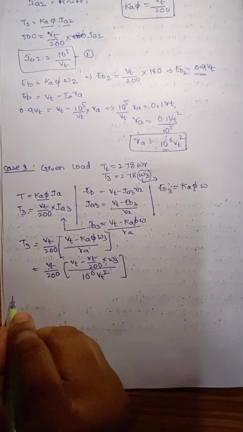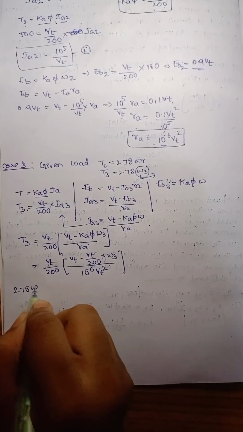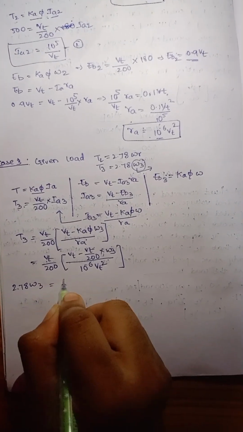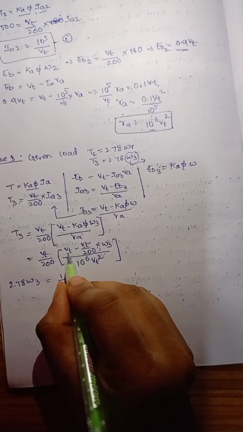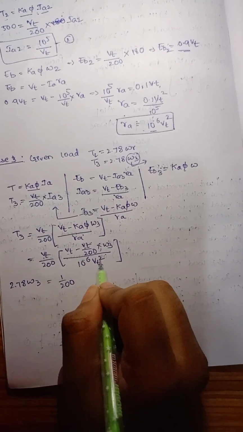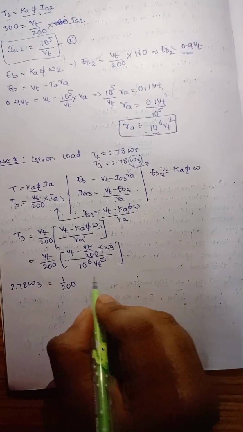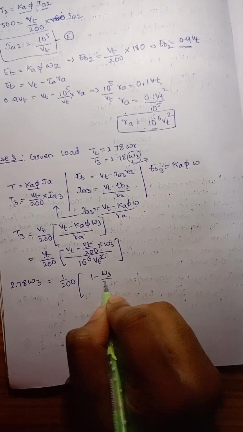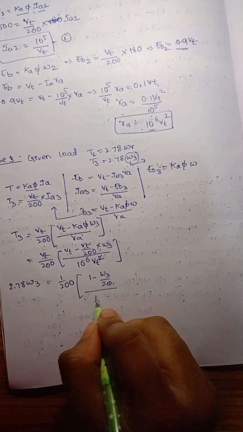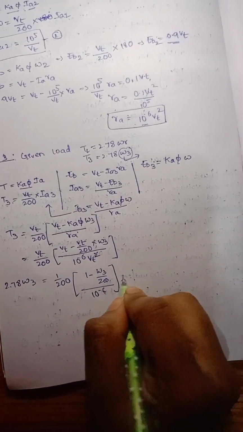As T3 is given as 2.78 omega 3, and 1 by 200 of this Vt, with Vt outside it becomes Vt square, and Vt square is cancelled. Then 1 minus omega 3 by 200, divided by 10 power minus 6.